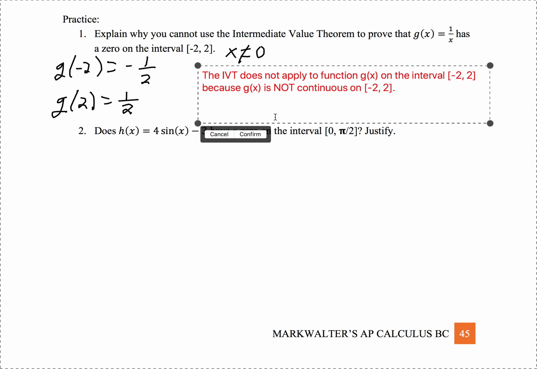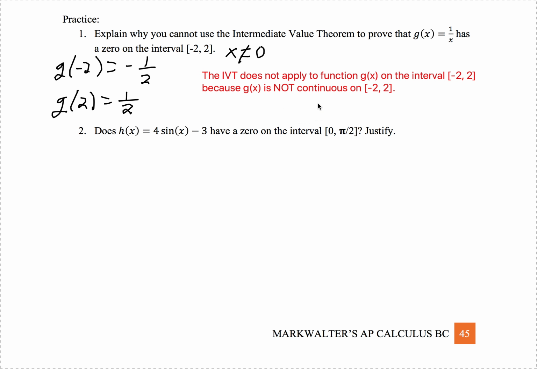And there we go. Therefore, we cannot apply the intermediate value theorem in this case. If you want to be more specific, then we can state that g of x is not continuous on -2 to 2 and has a point of discontinuity at x equals 0, and that's the problem. That's why it's important to check continuity before you use the IVT.